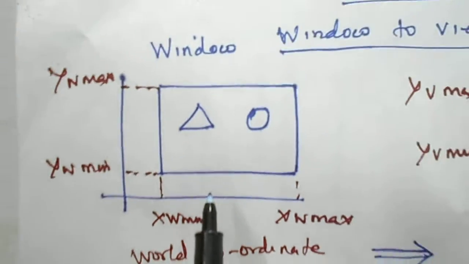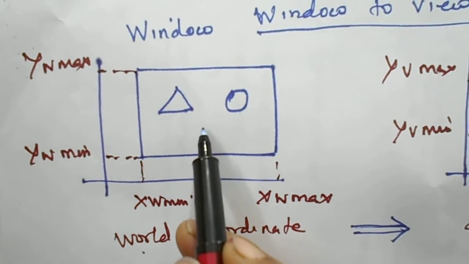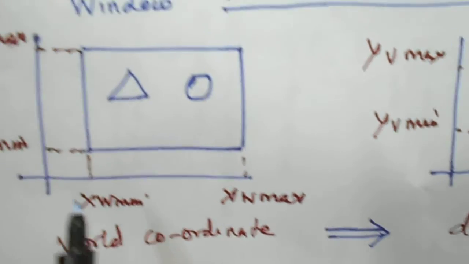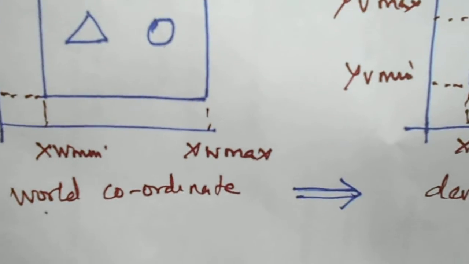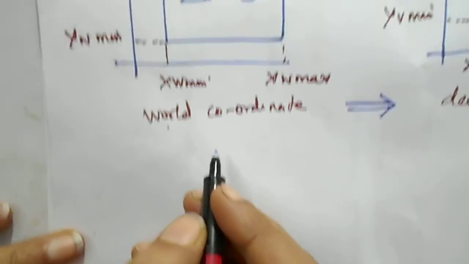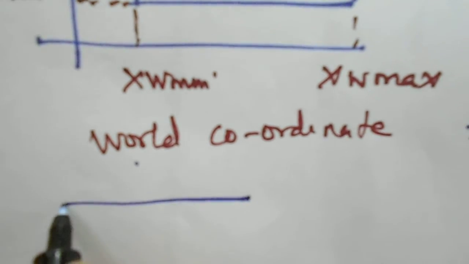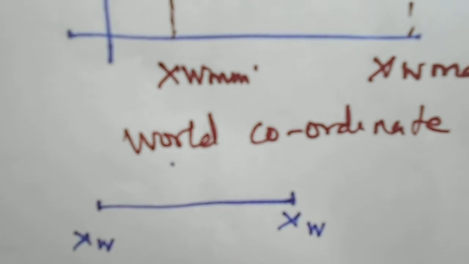So now, for example, if we want to take a portion of the image or any one pixel in the viewport, let's see the conversion, how it converts world coordinate to view coordinate. Here the relative position is always the same. For example, here xw minimum, here xw maximum.